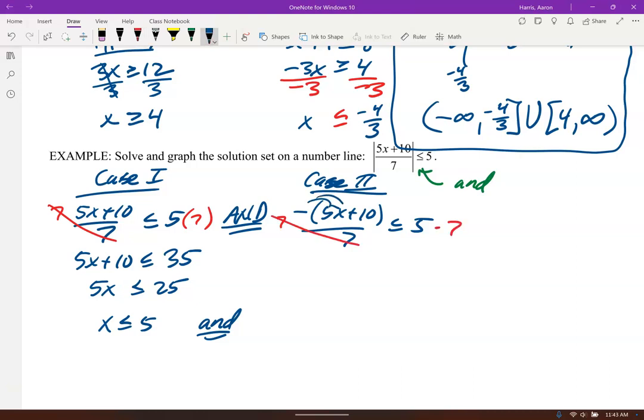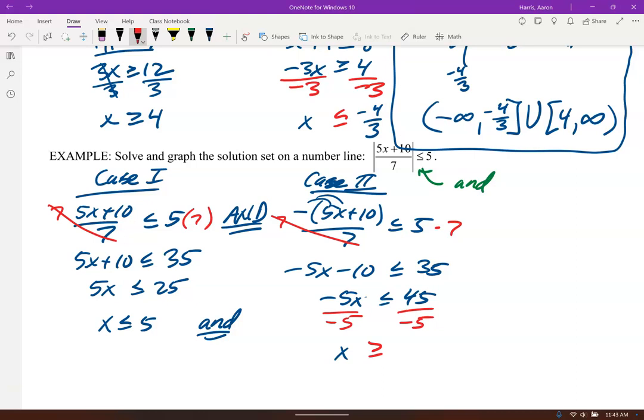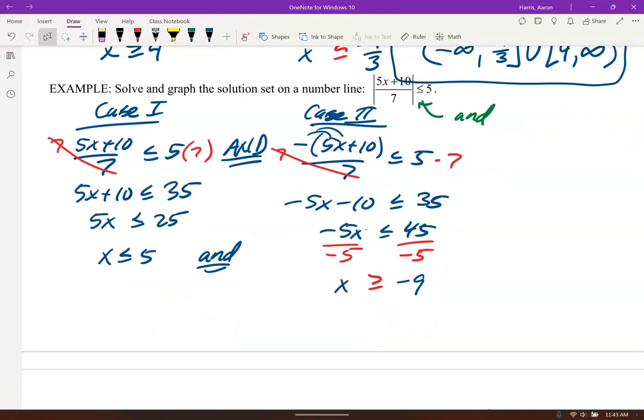And then I'm going to distribute this. Negative 5x minus 10 less than or equal to 35. Add 10 to both sides. Divide by a negative 5. Well, that's going to switch our sense of the inequality. So I'm less than or equal to 5 and greater than or equal to negative 9.